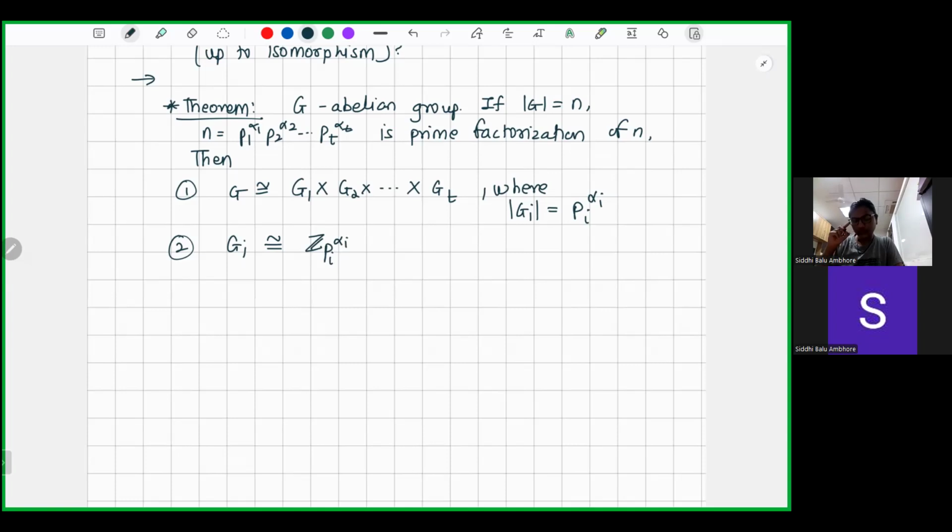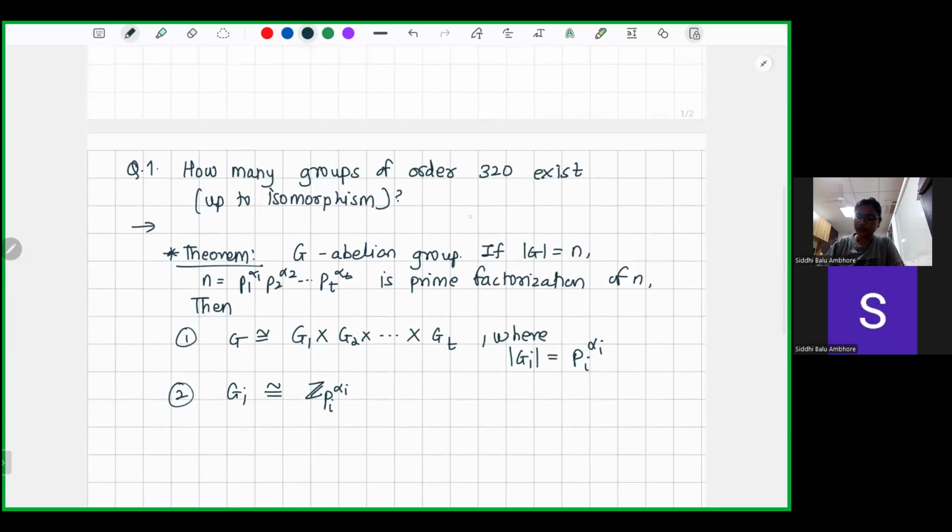So I will write the notation. The notation we will use is Zn for Z mod nZ.